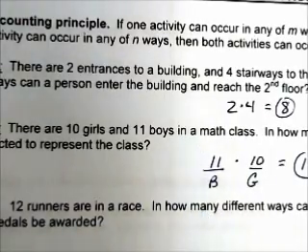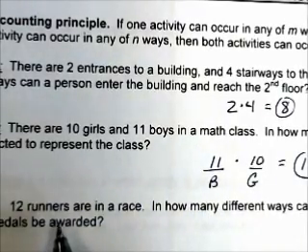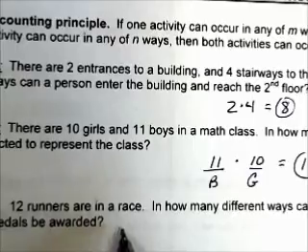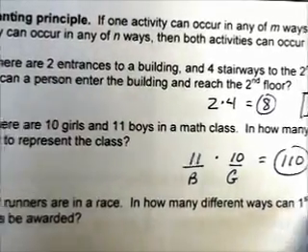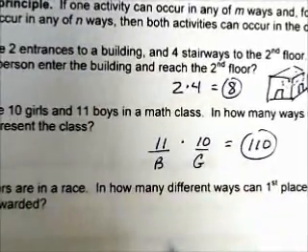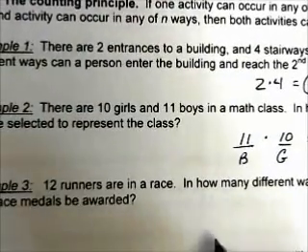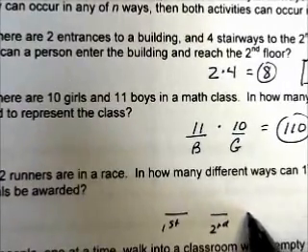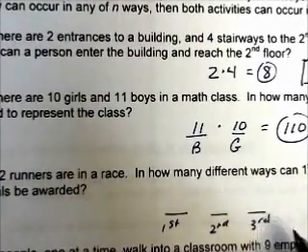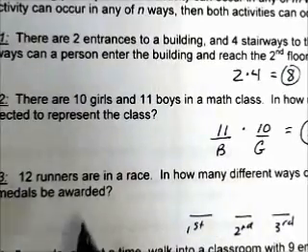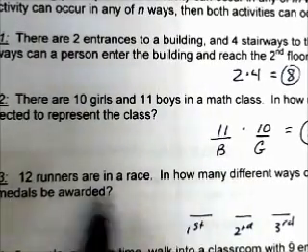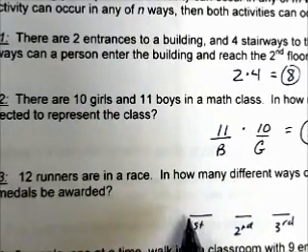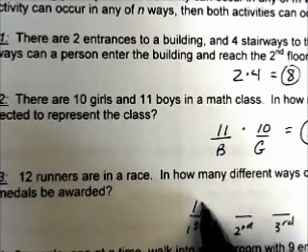The next example, 12 runners are in a race, and how many different ways can first place, second place, and third place medals be awarded? All right, so we're looking for first place, second place, and third place. Well, there are 12 runners. Now for first place, any one of those 12 runners could make first place.